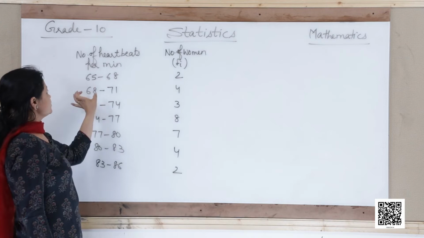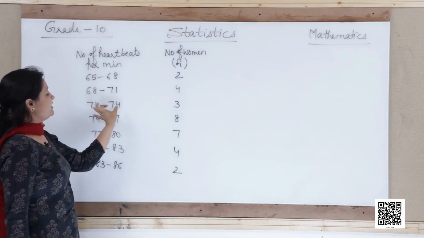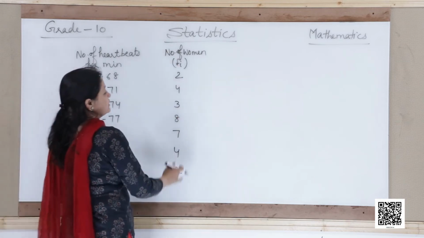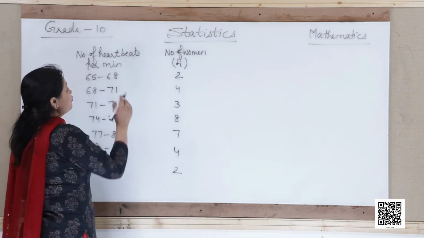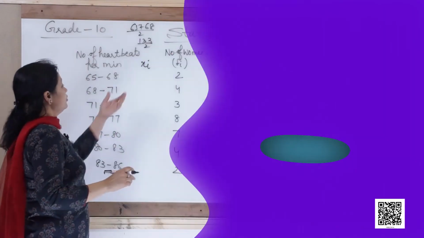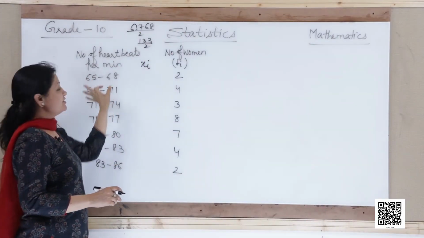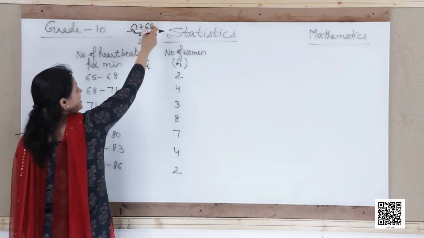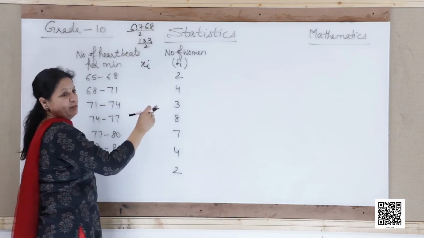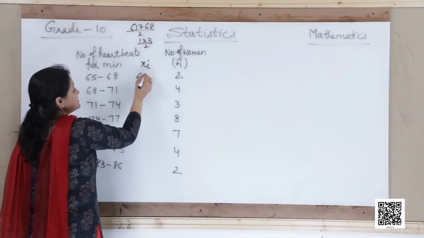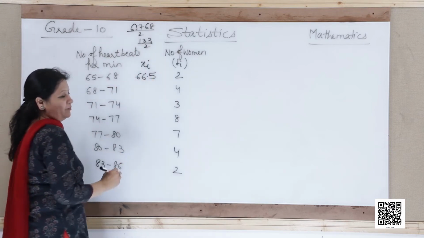65 to 68, 68 to 71, 71 to 74 till 83 to 86, and frequency is given to us. To find out mean, first step is to find out xi, lower limit plus upper limit divided by 2. 65 plus 68 divided by 2, 133 by 2, which is 66.5.